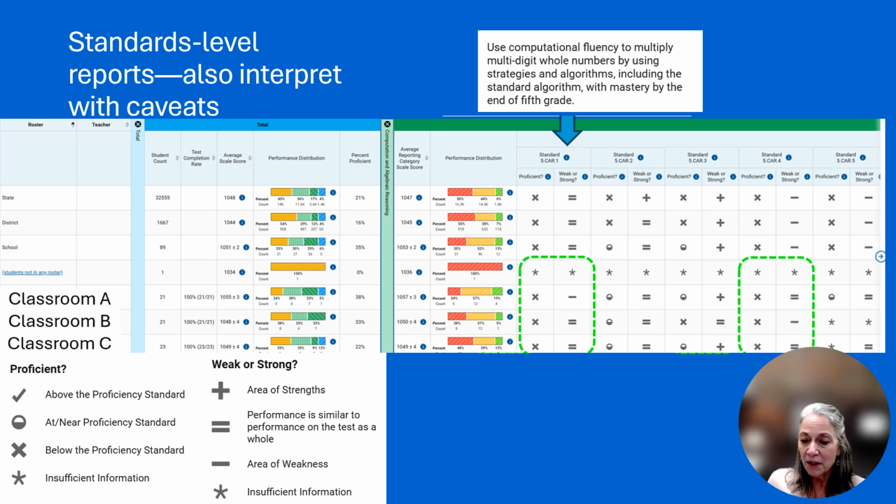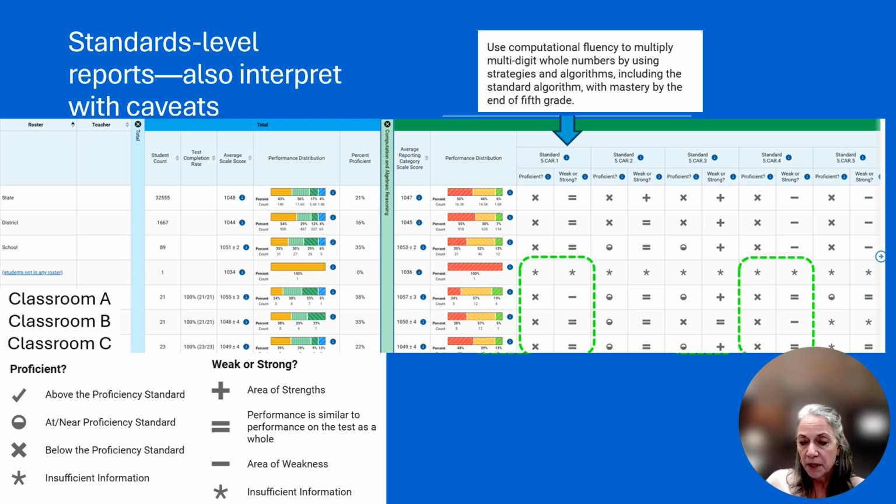So it's about equal. They're performing the way you would expect based on how they're performing on the whole test. When you have a minus sign or a negative sign, that means it's an area of weakness. It means that compared to how your students did on the rest of the test, this is weaker than the other areas. And then, of course, the asterisk is insufficient information.